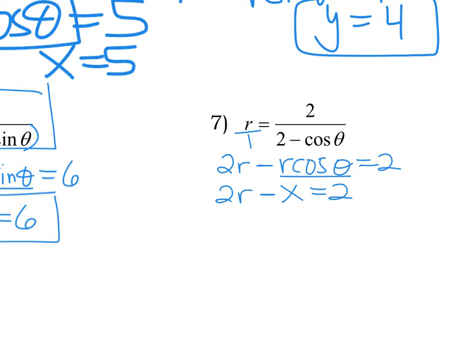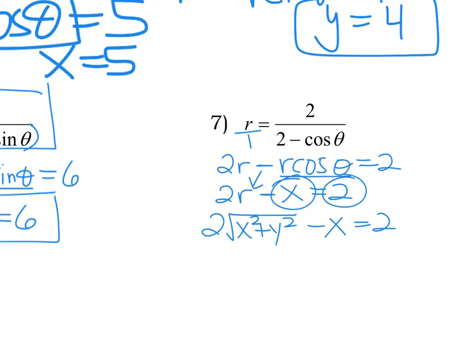Now watch out. We can't just multiply everything by r because that's going to give me another r here and there. So we actually have to plug in the square root of x squared plus y squared there. I know that's kind of gross. And then what they really want you to do is add the x over to the other side and simplify this so it doesn't look so gross.